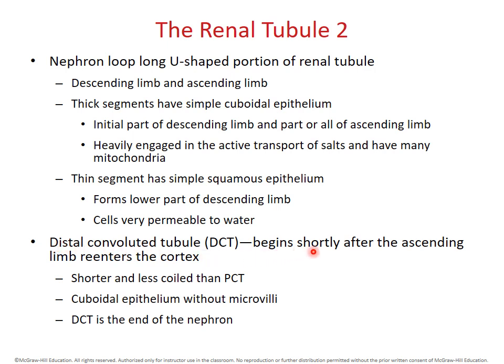And again, the distal convoluted tubule receives filtrate from the ascending limb of the loop of Henle. It is very reminiscent of the proximal convoluted tubule, though it's not as long and not quite as coiled.